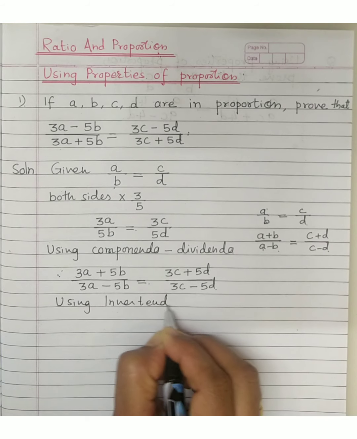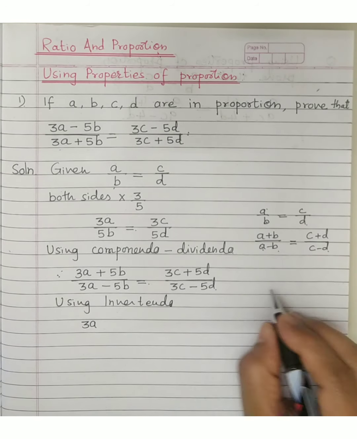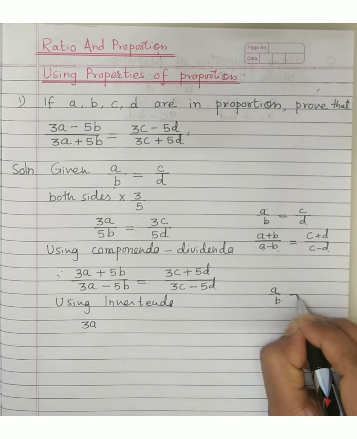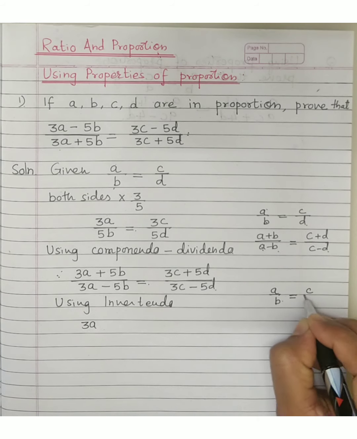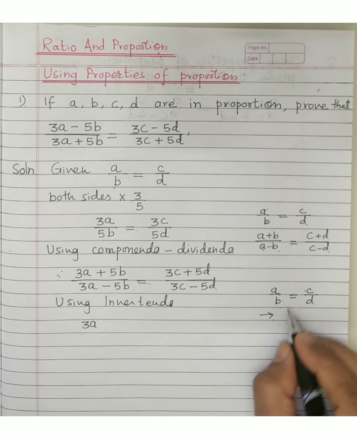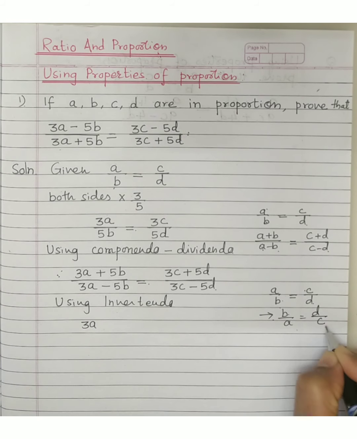As you use invertendo, you get the 3A expression flipped. What is the application of invertendo, for your remembering? I will just write. If A upon B is equal to C upon D, invertendo application is giving you B upon A will also be equal to D upon C, inverted.